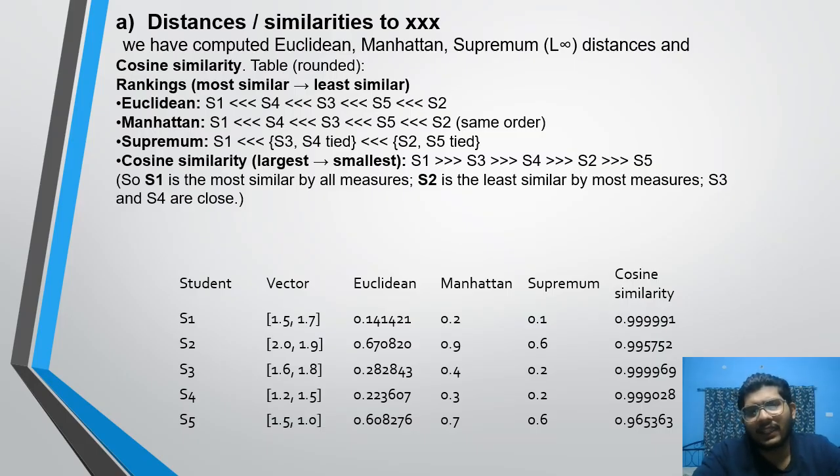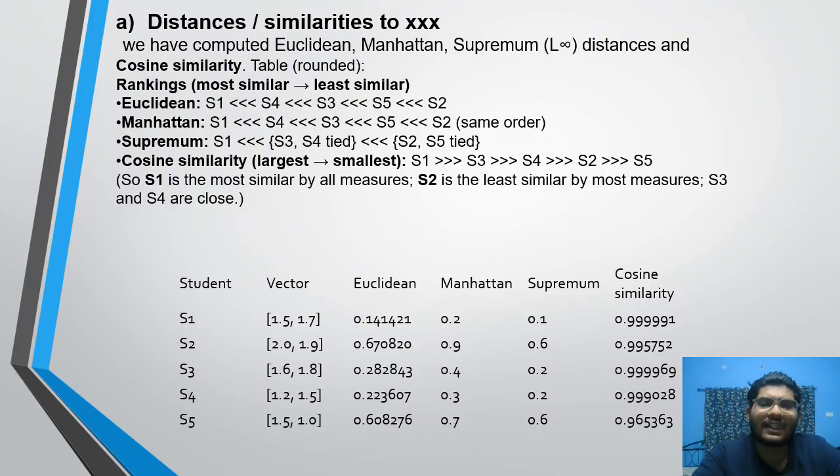See, ranking most similar to least similar. In Euclidean, it is S1, S4, S3, S5, S2. Manhattan is S1, S4, S3, S5, S2, same order, right? Supremum: S1, then S3 and S4 tied, and S2 and S5 also tied.